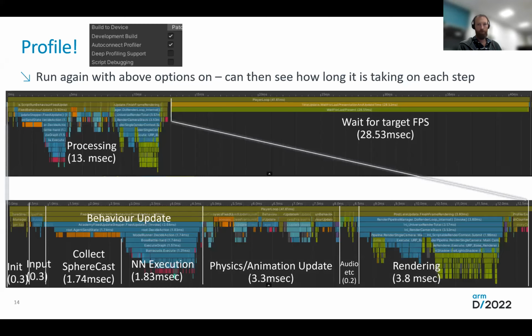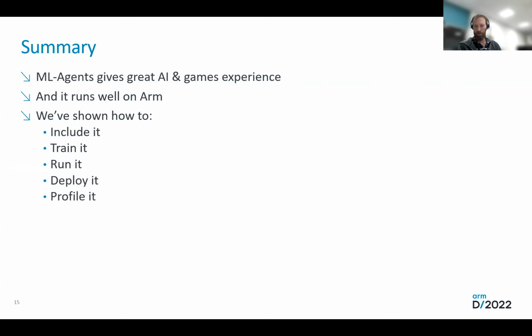Right, so that's profiling, and we'll just close that again. Yes, we can get to the summary, and we'll have time for plenty of questions at the end as well.